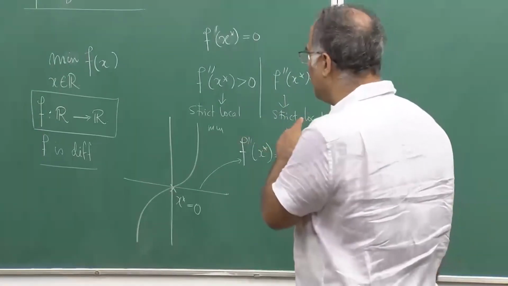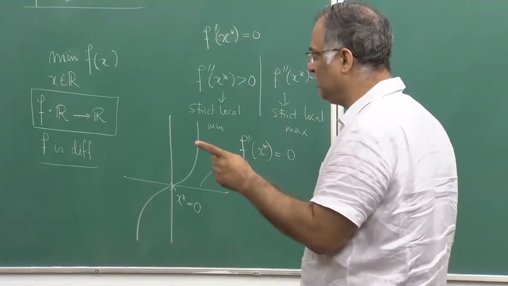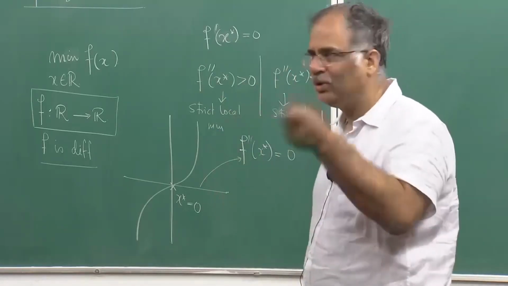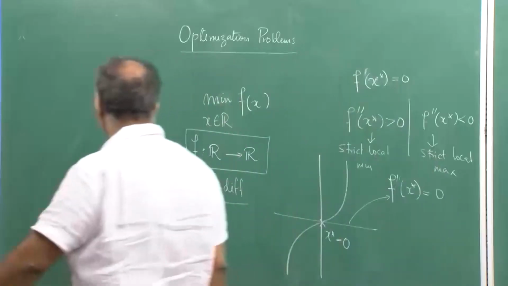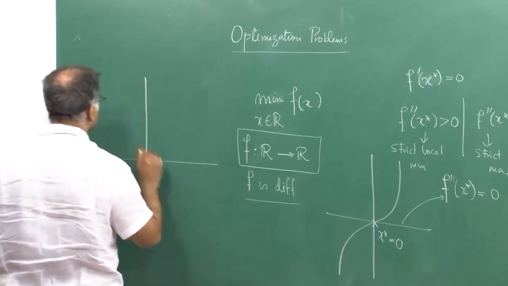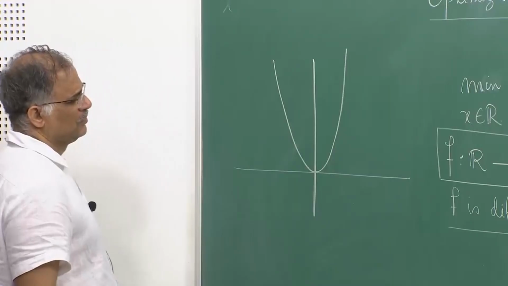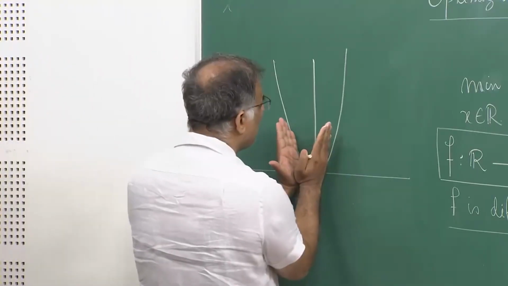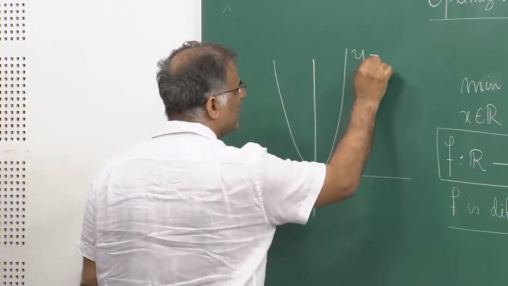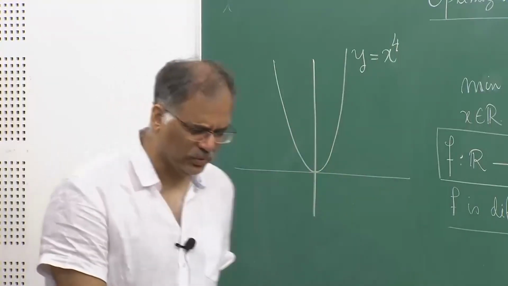I will give you an example of a function where the first derivative is 0 at 0, in fact the second derivative is 0, but 0 is the minimizer. This function is slightly steeper than y equal to x square, and this is the graph of the function y equal to x to the power 4, or f(x) equal to x to the power 4.